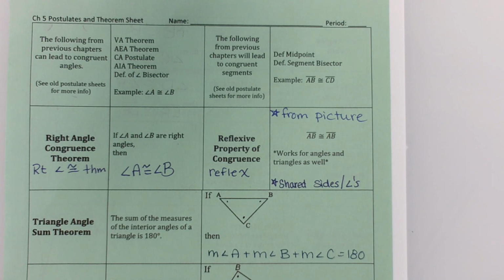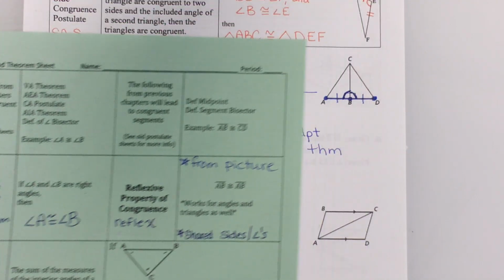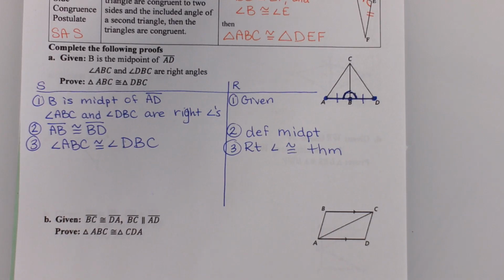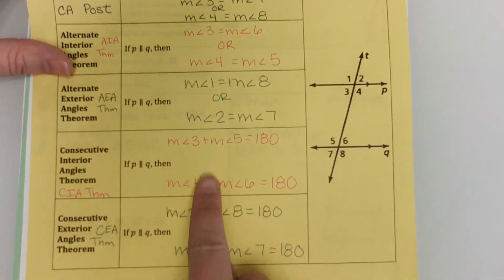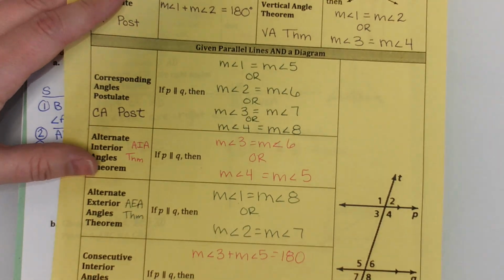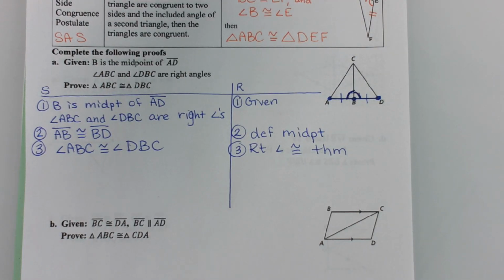Now, since I'm wanting congruencies, there's going to be limited things that come out of pictures. Vertical angles is one of them. Is there vertical angles in this picture? No, vertical angles are the ones that look like an X. I don't see any X's in this picture. So there's no vertical angles. Other things that give me congruencies technically are all of these theorems, but these require parallel lines. I don't see a parallel line symbol. Moving on.